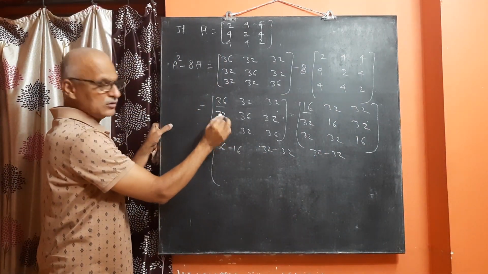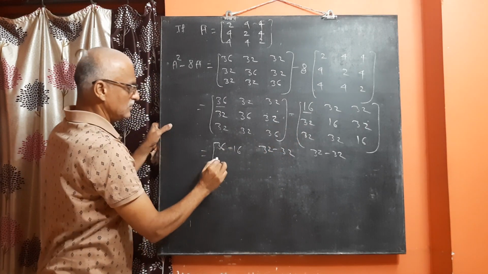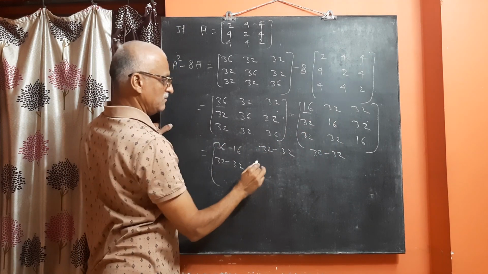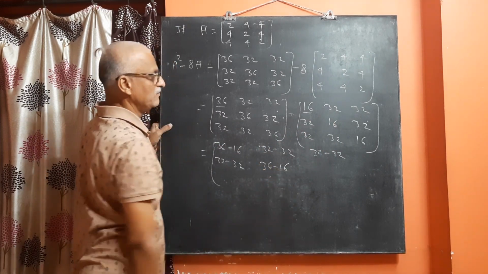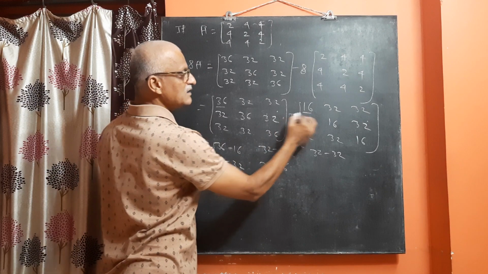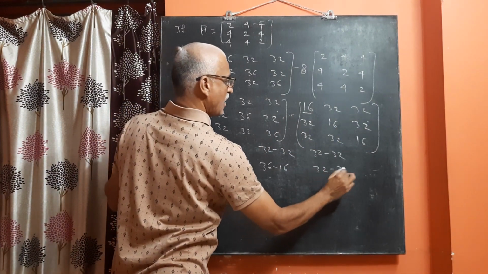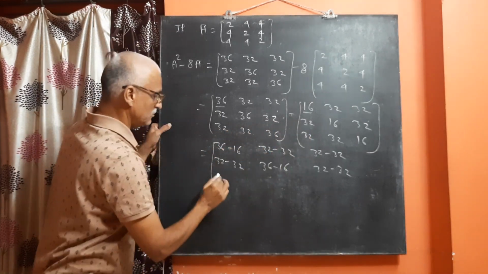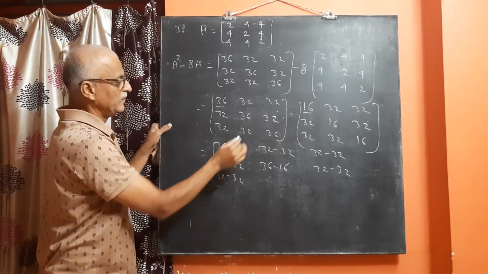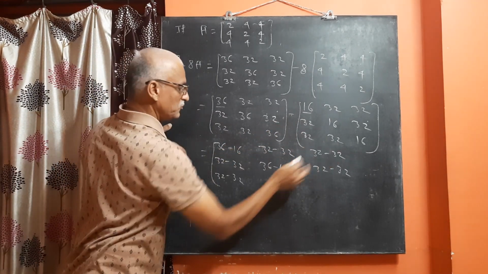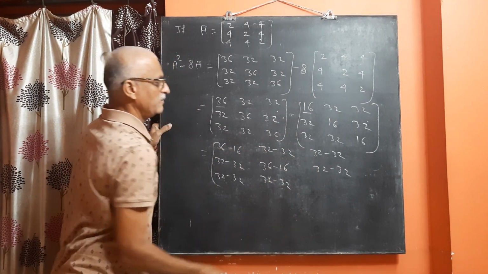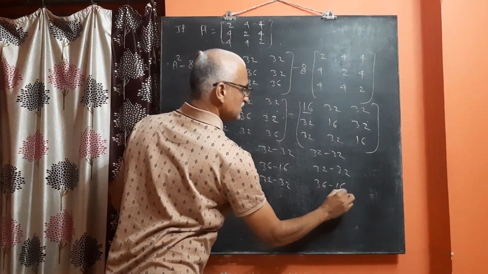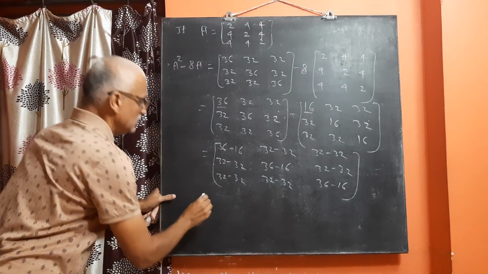Then in the second row, 32 minus 32, 36 minus 16, 32 minus 32. Then third row, 32 minus 32, 32 minus 32, and the last element 36 minus 16.